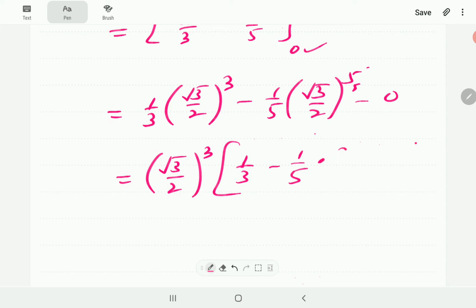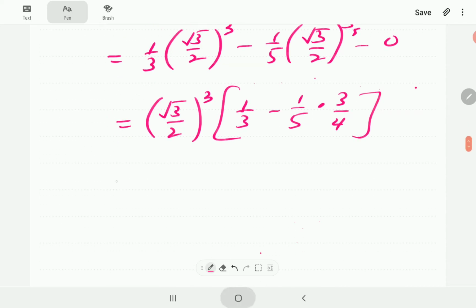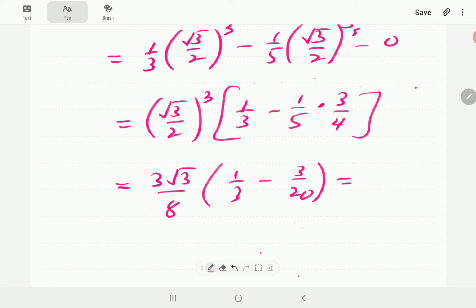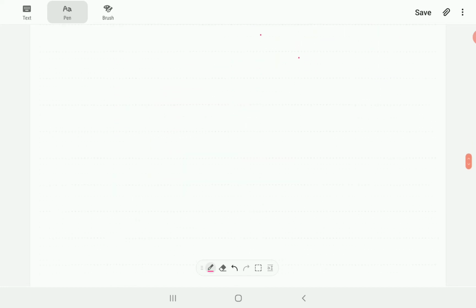So if that is to power 2, it's going to be 3 over 4 here. Then this side here, square root 3 cubed is 3 root 3. 2 cubed is 8. Okay, then 1/3 minus 1/5 is going to be 2 over 15, and if we do everything accordingly, this gives us 11 root 3 over 160. So that is going to be that for part C.